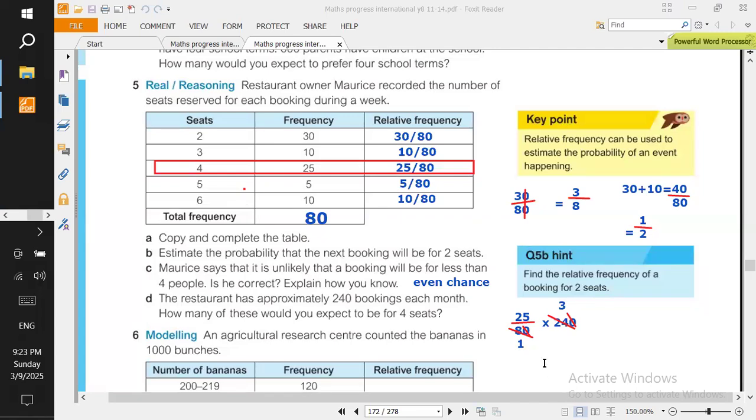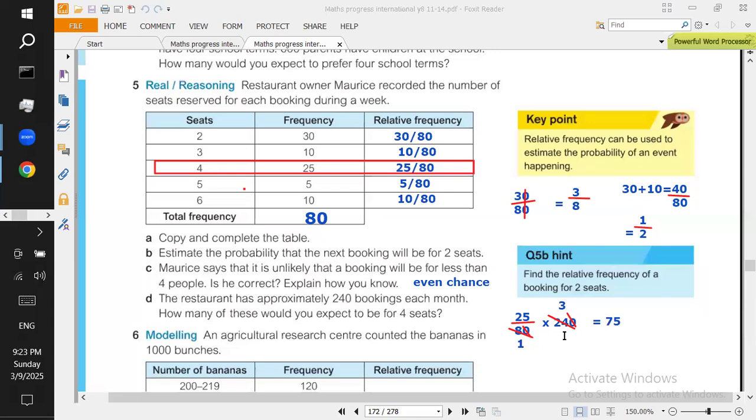Now, we have 25 times 3, which will equal what? Good. So 25 times 3, it will give me, very good, 75.